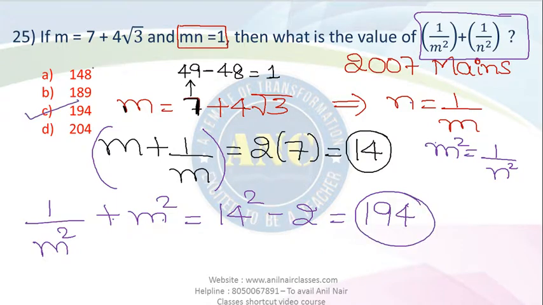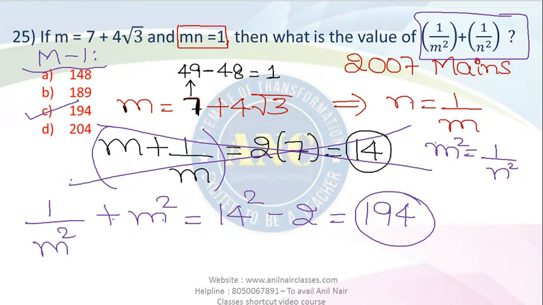But this is once again what I call method 1, because in method 2 you actually don't need to find the value of m plus 1 by m as 14. If you are very smart, m value is 7 plus 4 root 3 and they are saying that the product of m and n is equal to 1. That means m square plus 1 by m square is what is actually asked in this particular question.